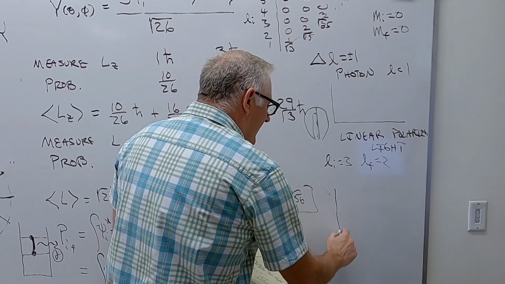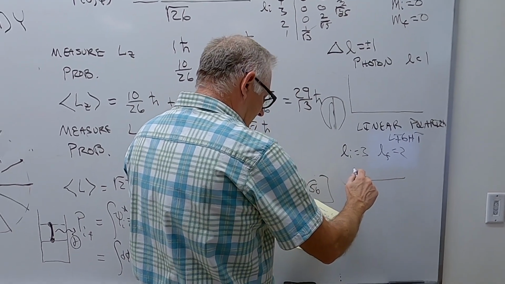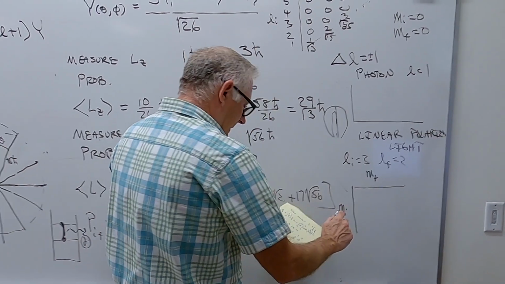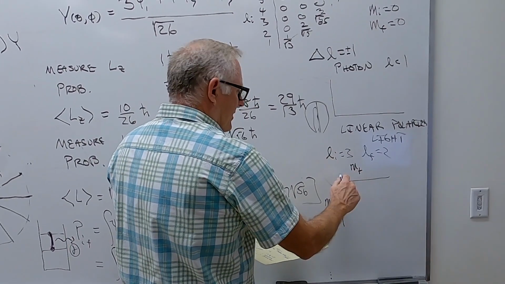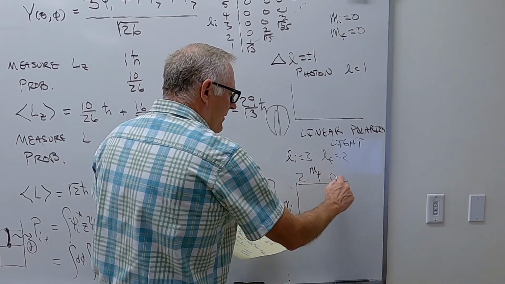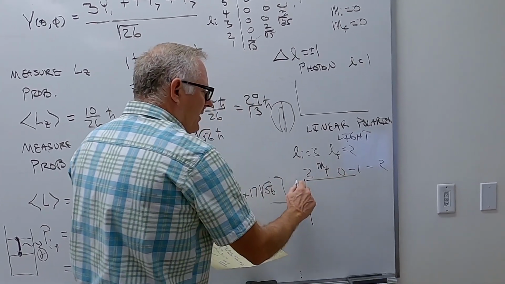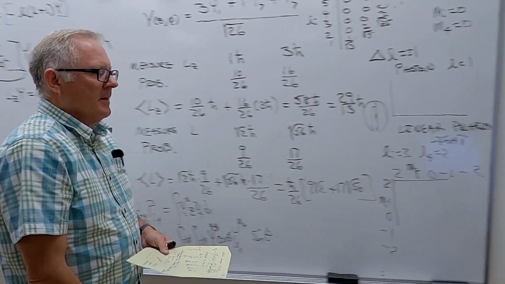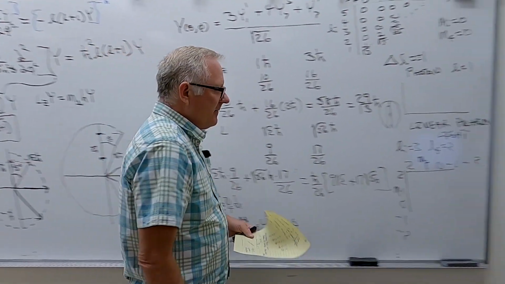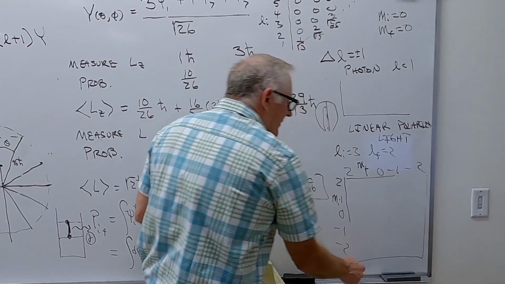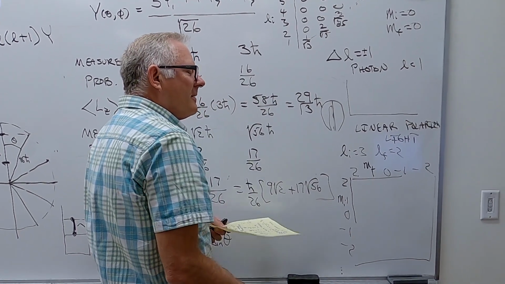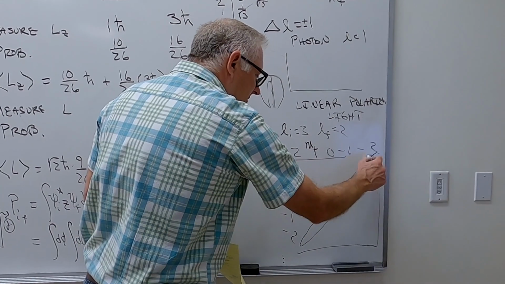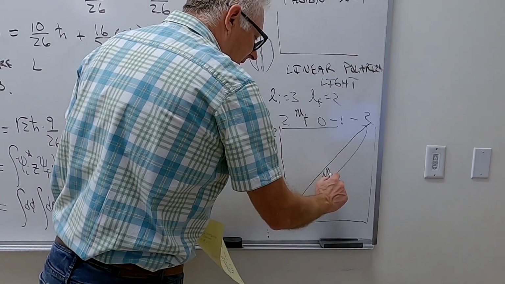So make a table of possible M's, the final M and the initial M. And you're going to get 2, 1, 0, minus 1, minus 2, and 2, 1, 0, minus 1, minus 2. And when you fill in this entire grid here, you're going to get them all 0 except for this center diagonal. This is the only one that's non-zero.